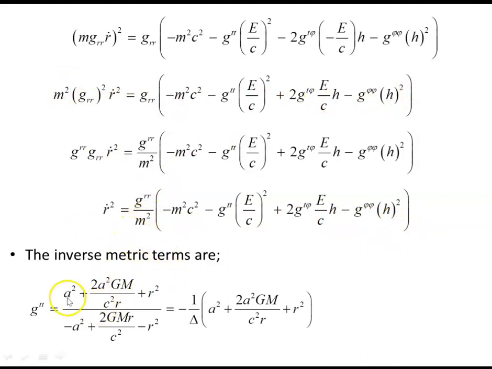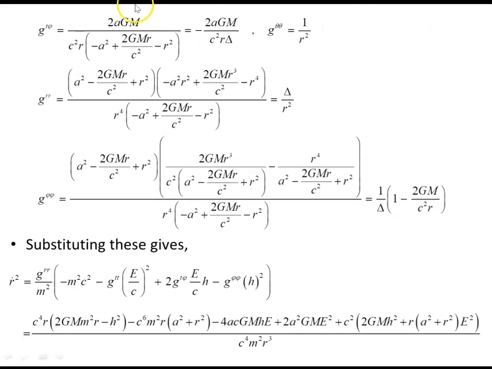Now the inverse metric terms are these. That was found in a previous video on the Kerr inverse metric in the Kerr metric series. These were the others: gt phi, written in this form with delta, g theta theta, grr, delta on r squared, and g phi phi, which is this object here, 1 on delta, 1 minus 2GM on c squared.